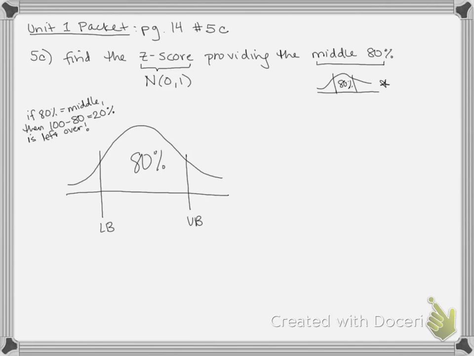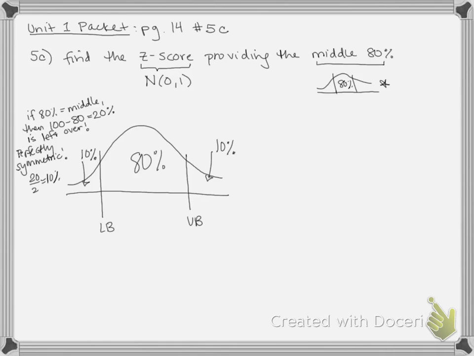But this picture is perfectly symmetric. So we split that 20% on either side, and we have exactly 10% of our data on the left of our lower bound and 10% on the right of our upper bound.